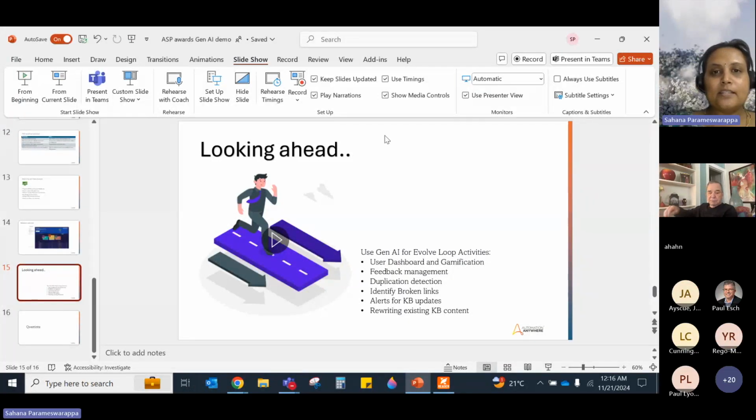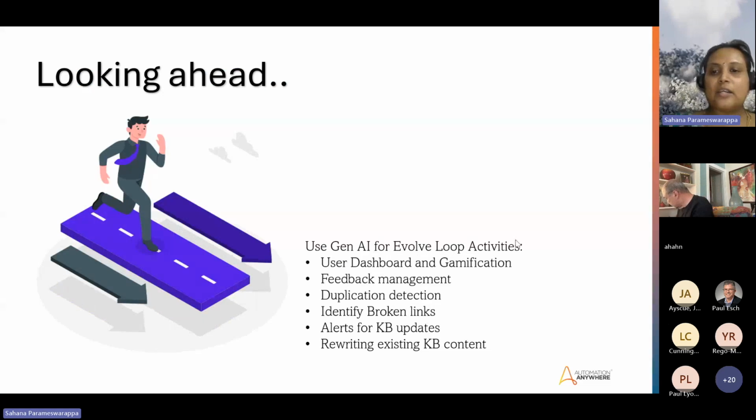Looking ahead, the plan is to also add Gen AI to the evolve loop activities. User dashboard and gamification, I just showed the PDF. So that's one aspect. The second is feedback management. Right now, feedback management is manual because we get the feedback into the system, then we extract it to Excel, manually assign it, and get it closed.